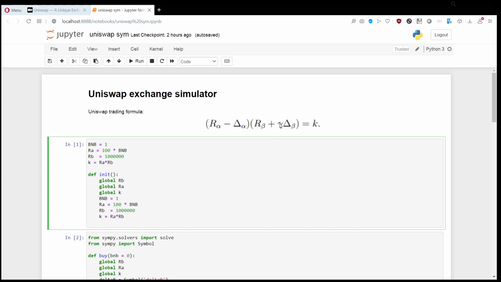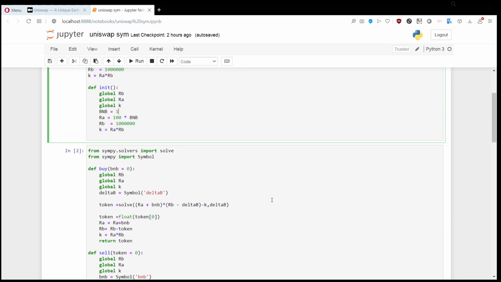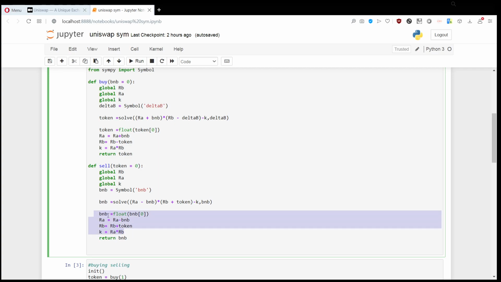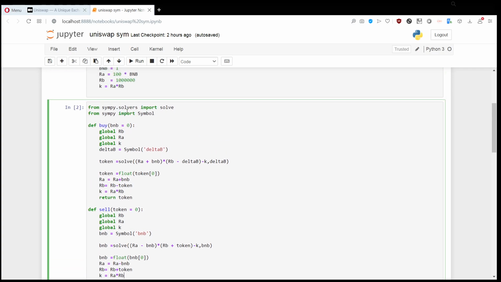For the purpose of this test, I set the fees at 0, so we end up with nice numbers. I'm just solving the above formula for delta A and delta B, forming the numbers and casting them to different variables so we can work with them.